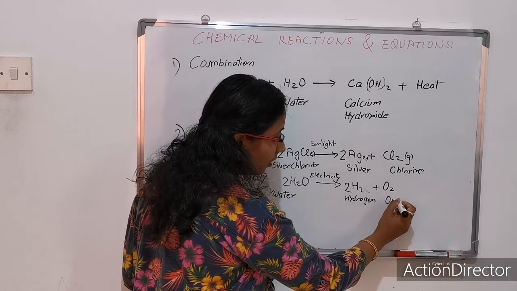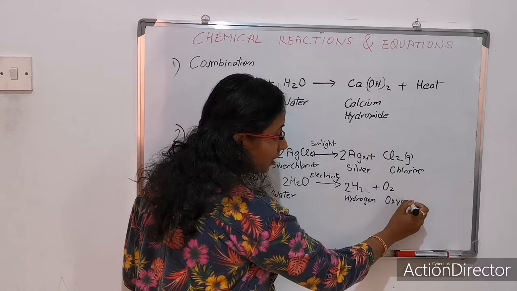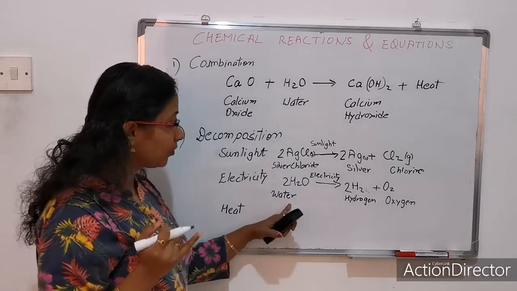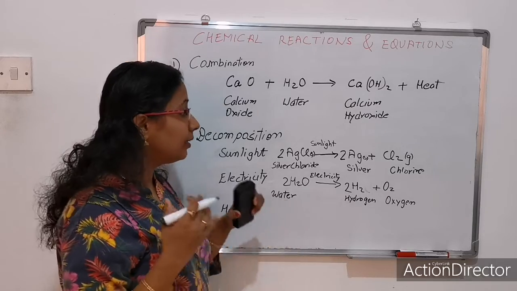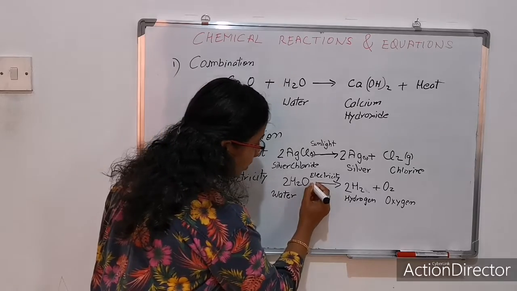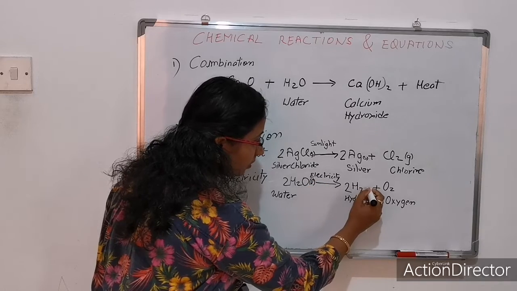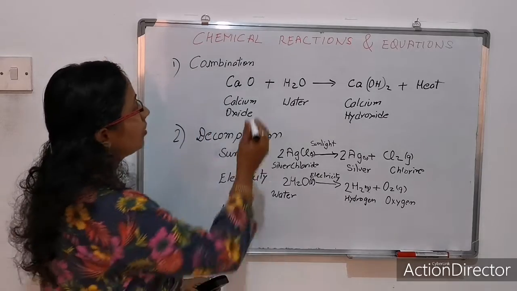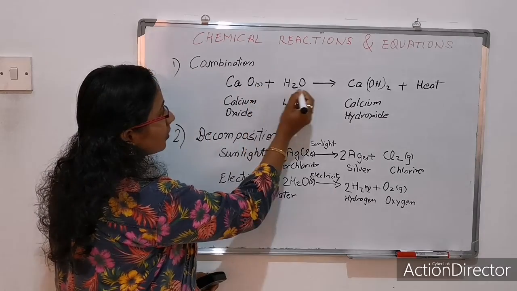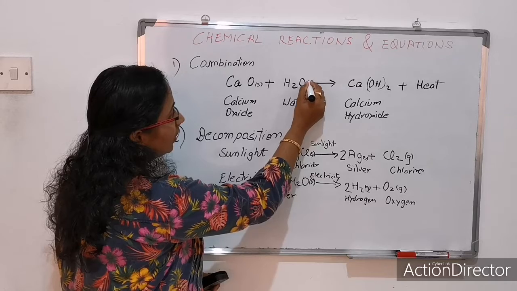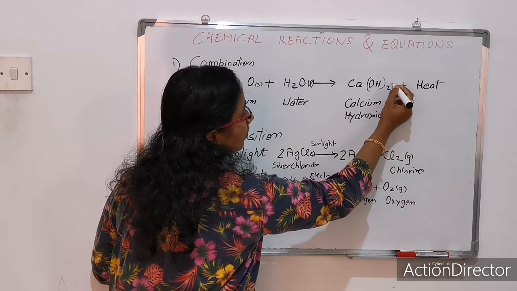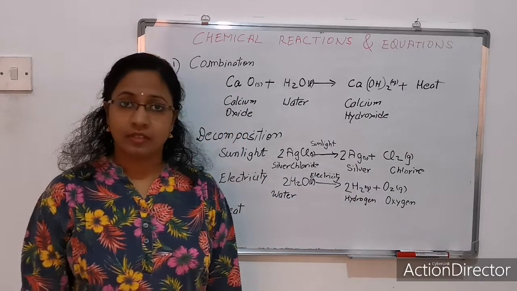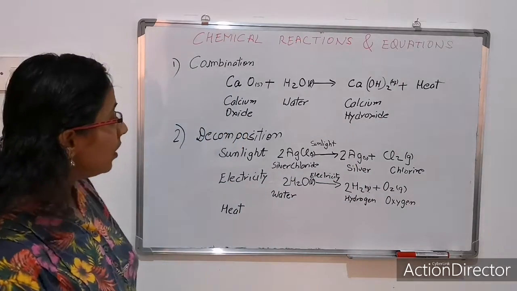Always write the state too. Balancing is a must, names of the reactants and products are a must, and the third must is the state: this is liquid, this is gas, and this is gas. Here also this is solid, liquid, aqueous. This is very important.